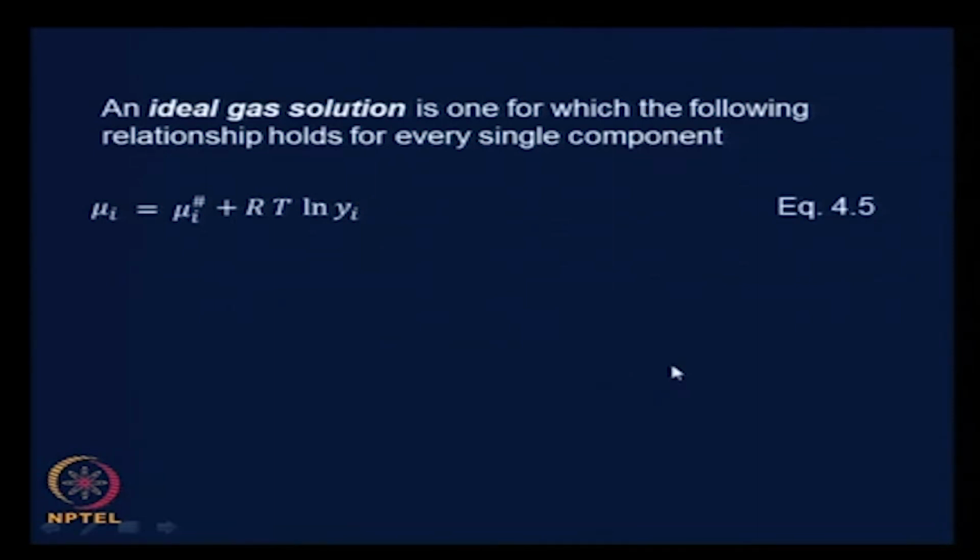Let us call this equation 4.5. It is a nice simple definition. It is good to remember this: mu_i equals mu_i hash plus RT ln y_i.